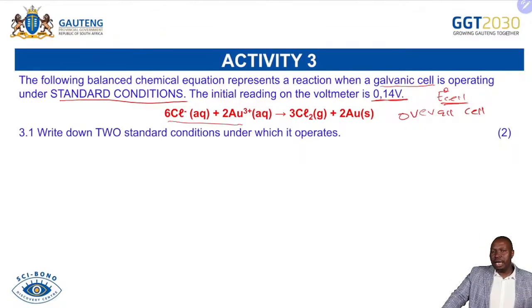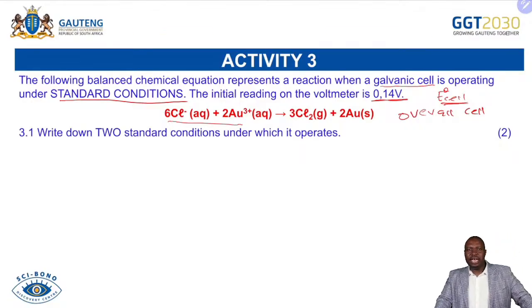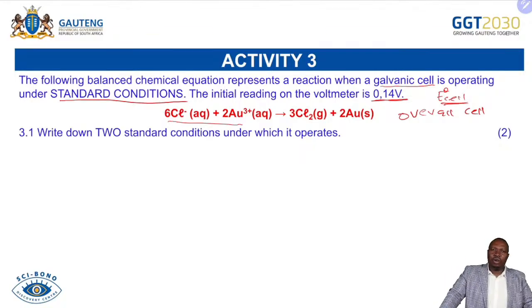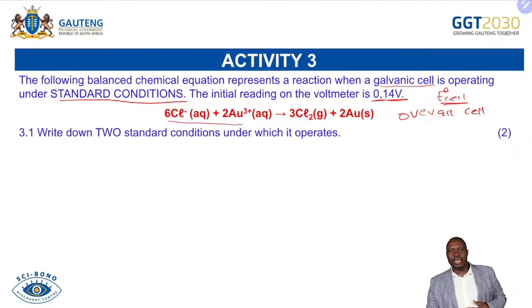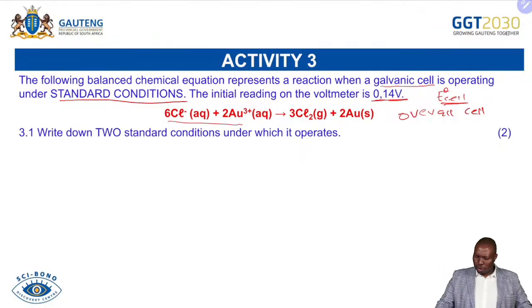Then you can write pressure of 1 atm or a pressure of 101.3 kilopascals, or you copy it from the table as 1.013 times 10 to the power of 5 pascals, as is written on table 1, as I showed you. So you are able to write the two standard conditions and you are able to get your 2 marks.